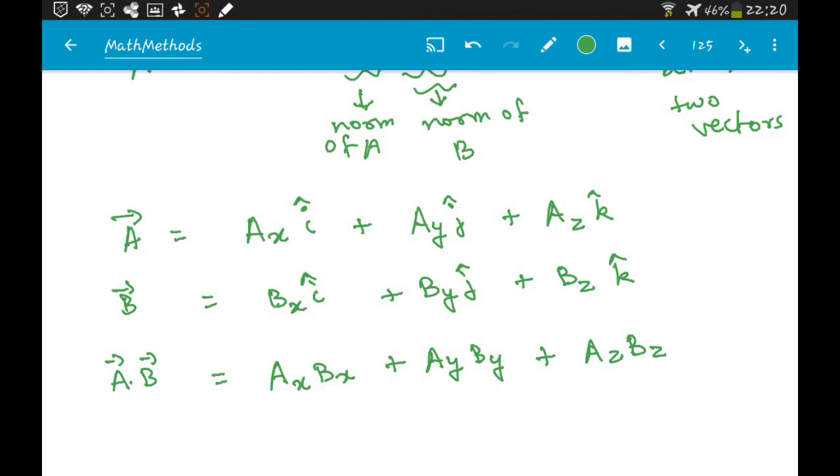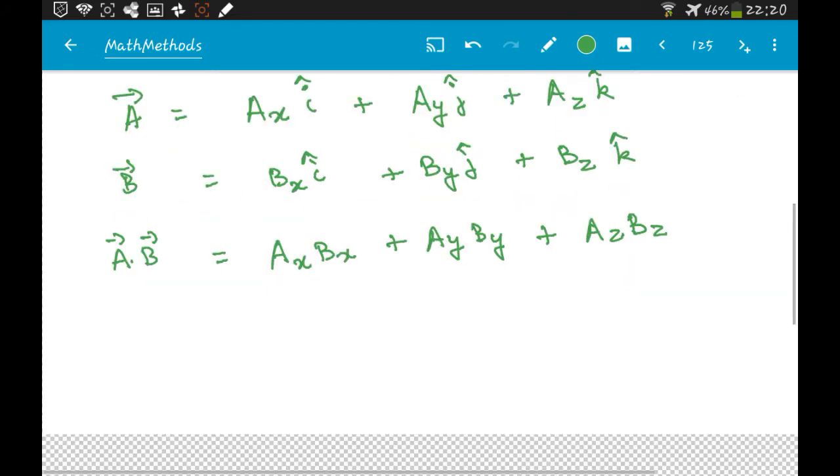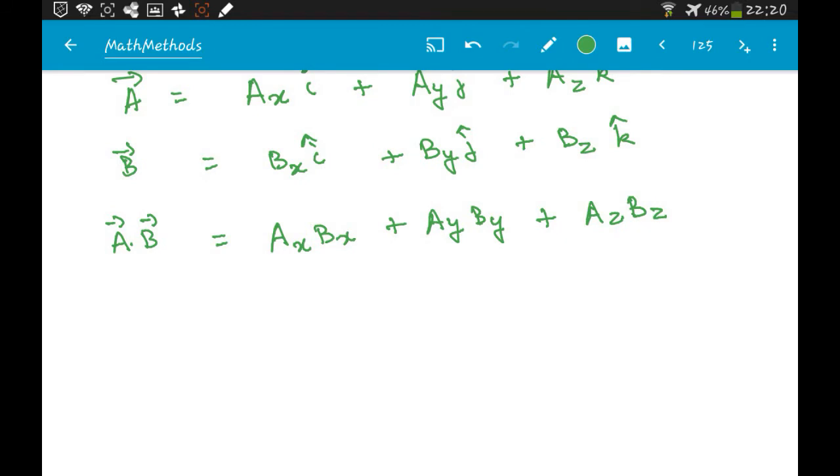So what is an example where you can do a scalar product in physical systems? For example, let's look at work done. Work done is given by F dot dr, where F is the force applied and dr is the small change in distance that occurs because the force is applied.